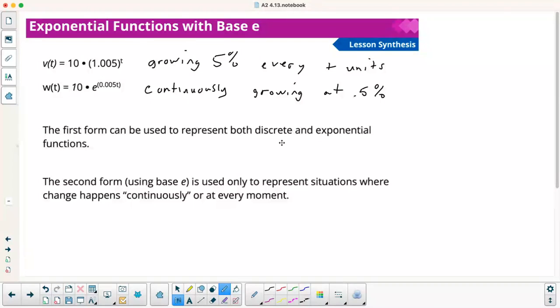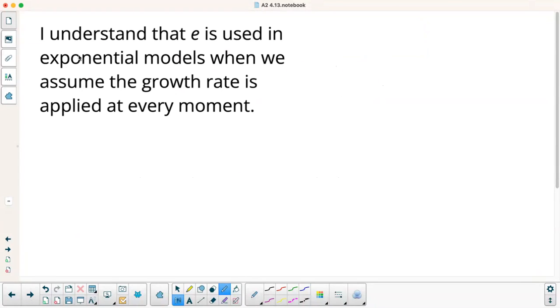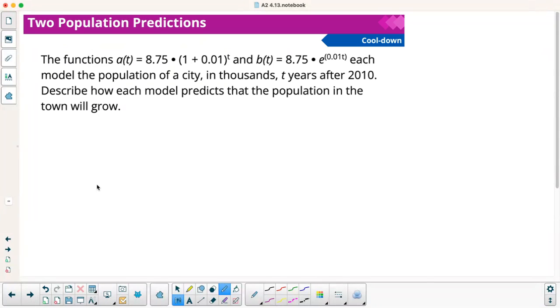That's why we say discrete, because technically it's not happening continuously, but we generally accept it to be continuous and we connect the dots. This is happening always, every moment. So I understand that e is used in exponential models when we assume the growth rate is applied at every moment.